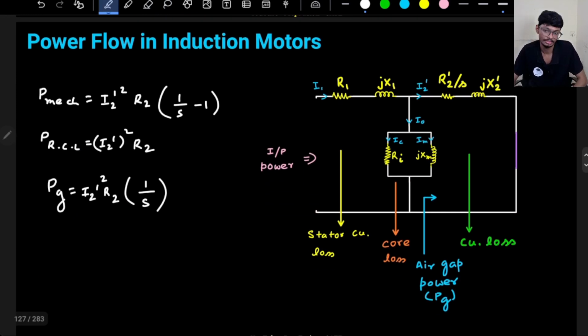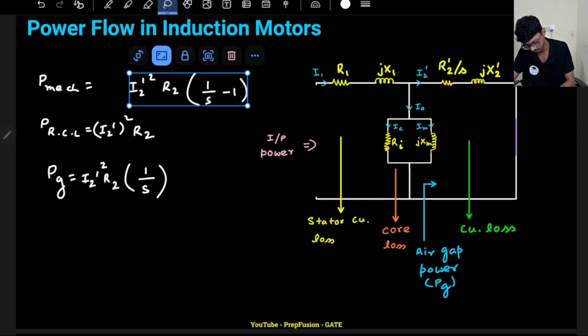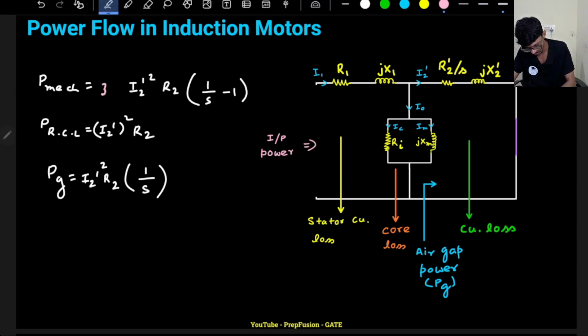So this is what my air gap power is equal to. Now remember, all these are per phase quantities. So to write the three phase power, I have to multiply by 3. I mentioned this in the previous lecture too. So don't forget to multiply by 3, because this is a per phase equivalent circuit; for three phase, you just have to multiply by 3.